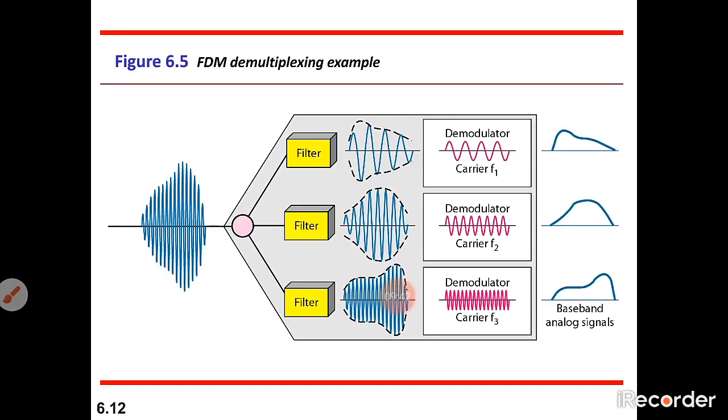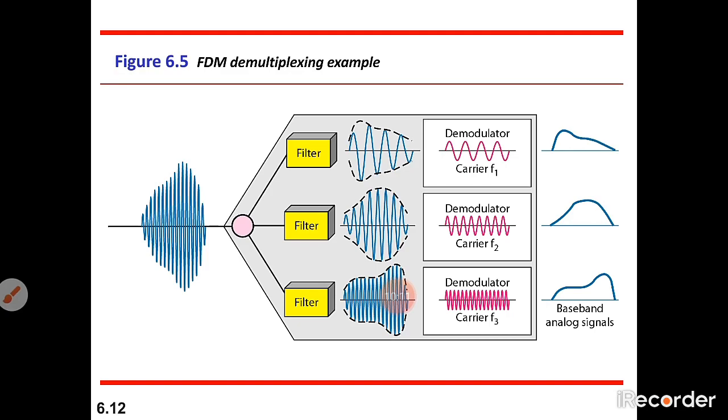The demodulator extracts the carrier frequency from each signal, and the original signal is sent to the output lines. That is what we call demultiplexing. So the filter extracts the individual modulated signals from the composite signal; that is the difference.